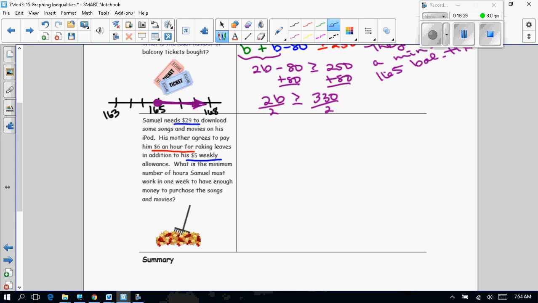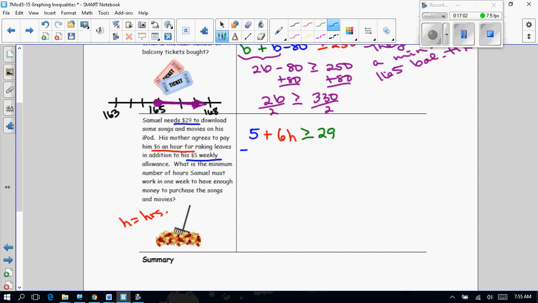So he has $5 that he gets for his allowance plus the $6 per hour. I'm going to use H for number of hours. Okay, and this is going to be greater than or equal to 29, right? Because he needs $29 or more. If he has more, awesome. If he has less, he doesn't get to do what he wants.